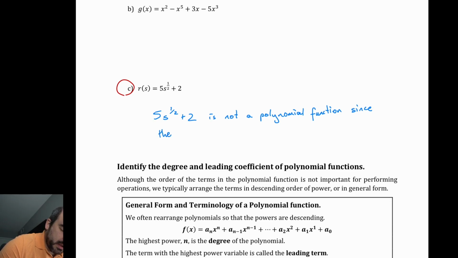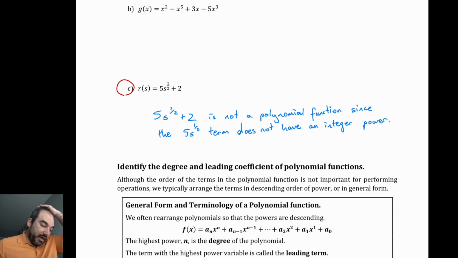Good, since the 5s to the 1/2 term does not have an integer power. Right? The exponent on the s in that term is 1/2, which is not an integer. So that's why it's not a polynomial function.